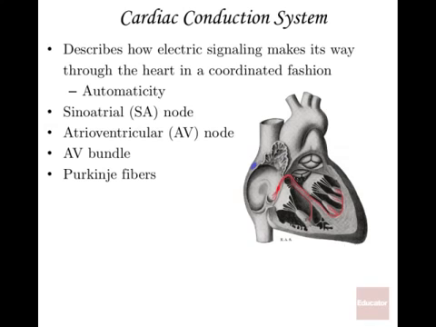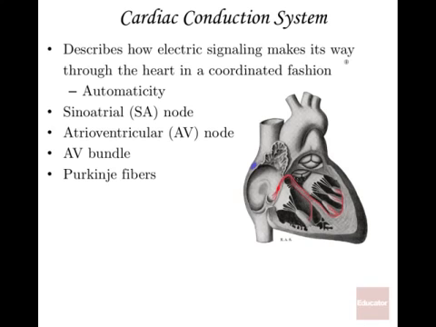A misconception some students will have is they think that the cardiac conduction system is a bunch of neurons or nerves within the heart. That's not true. There are pathways within the tissue of the heart, within these muscle fiber tracts, that guide the electricity through it. And that's described as the cardiac conduction system. So it does describe how electrical signaling makes its way through the heart in a coordinated fashion.